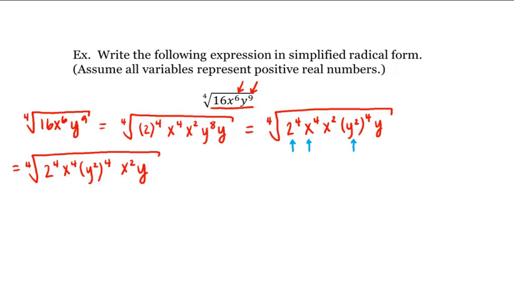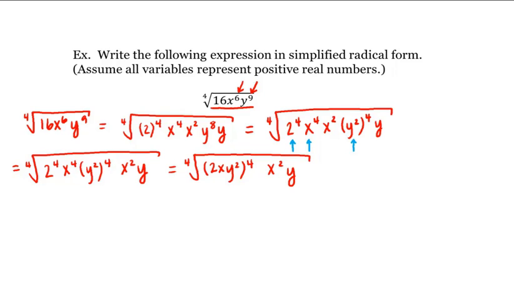And now by properties of exponents, this is equal to the fourth root of 2x y squared, all raised to the 4th power, and then times x squared y.